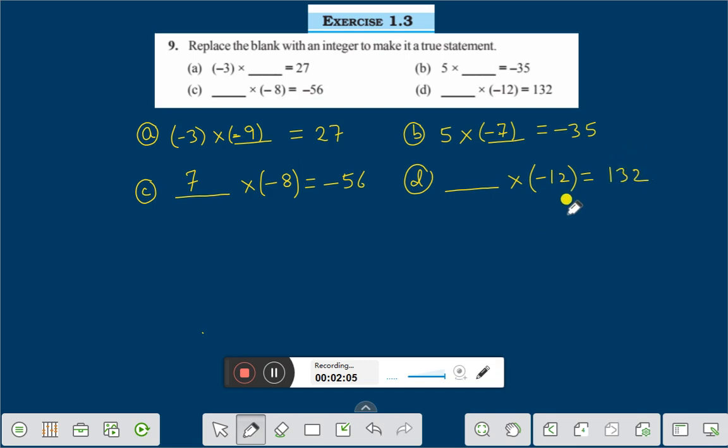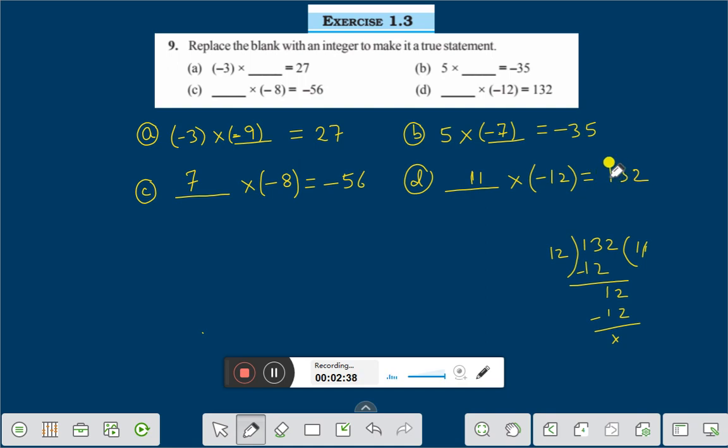So we divide 132 by 12. 12 elevens are 132. Therefore if we multiply 12 with 11, we will get 132. That means if we multiply 12 into 11, that will come to 132.